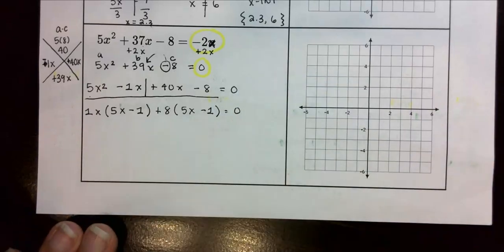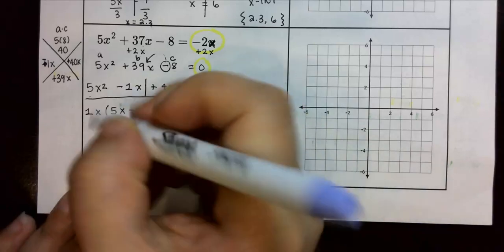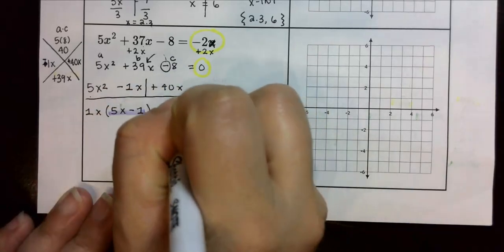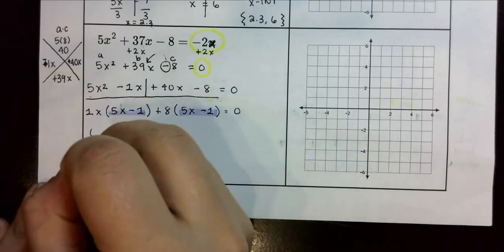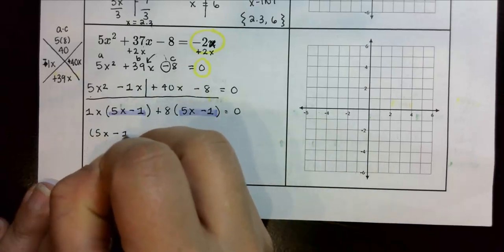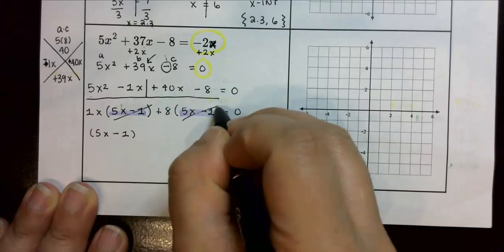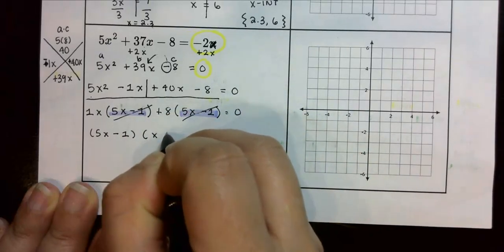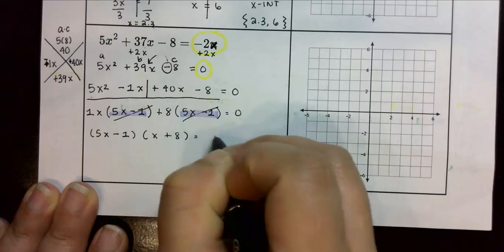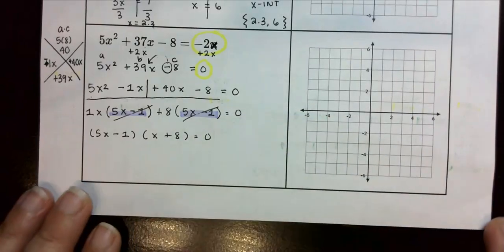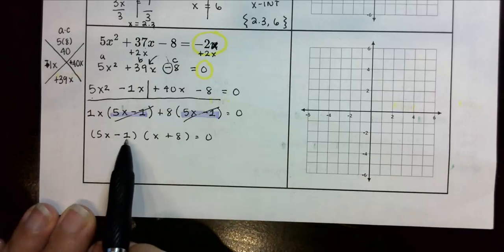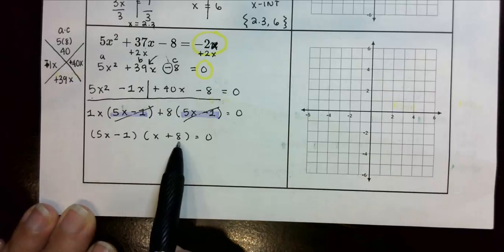Okay, we can see that we did this correctly because the parentheses are the same. So we're going to say 5x minus 1, x plus 8. No GCDs here because nothing divides into 5 and 1, and nothing will divide into 1 and 8.